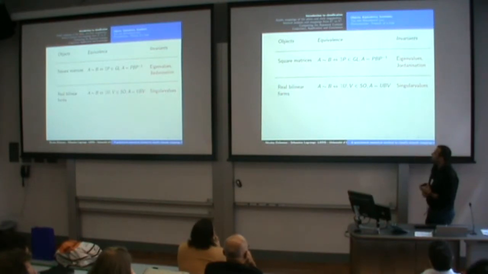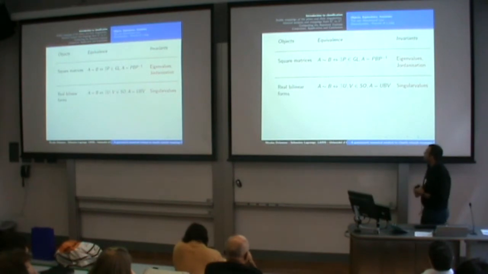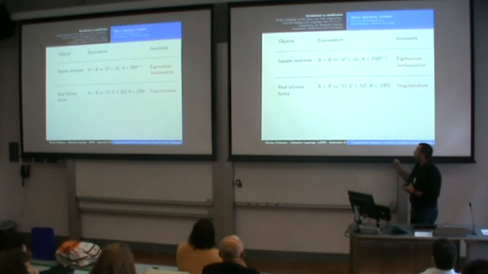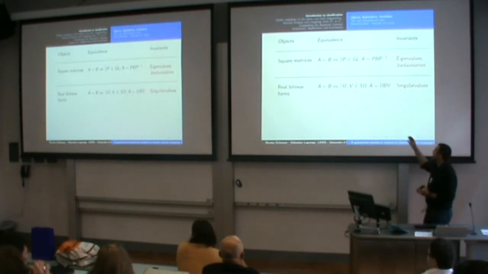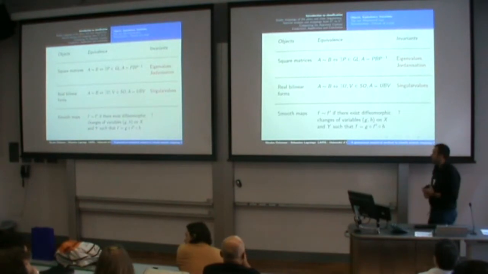You can also consider different kinds of objects, for example real linear forms, and you can consider an equivalence which is different from the last one. You consider that A and B are equivalent if there exist matrices U and V that are orthogonal. And of course, an invariant is given by the singular value decomposition of a matrix.